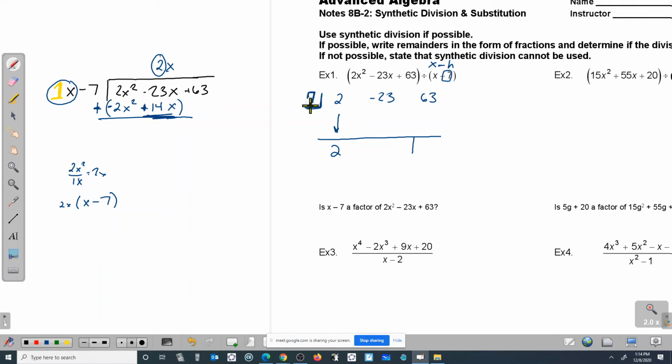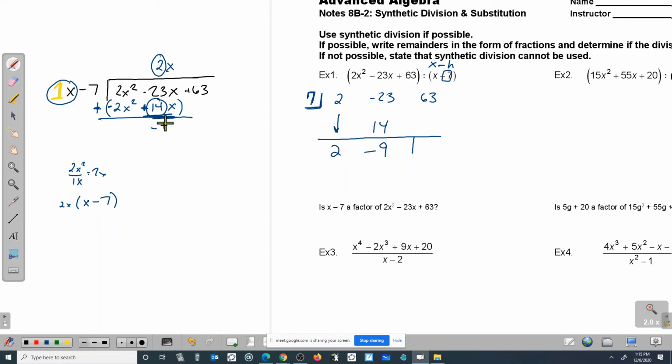Well, the plus 7 does exactly that. We go 2 times 7 and we get the same 14 as we get it right here. And then we add. That's why synthetic division works. It already takes into account that we will want to add the opposite. And by having the opposite number here, that's in fact exactly what we're going to do.